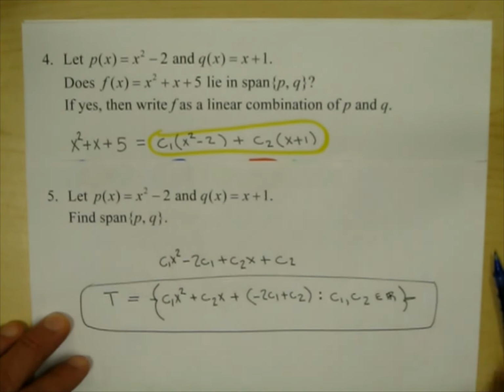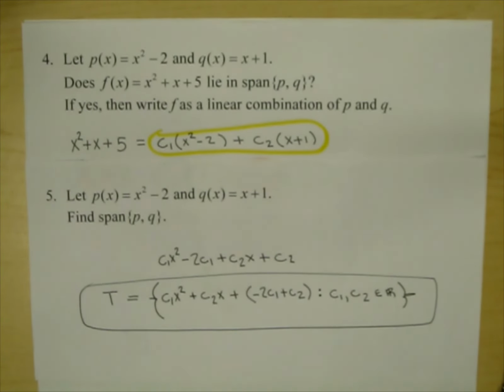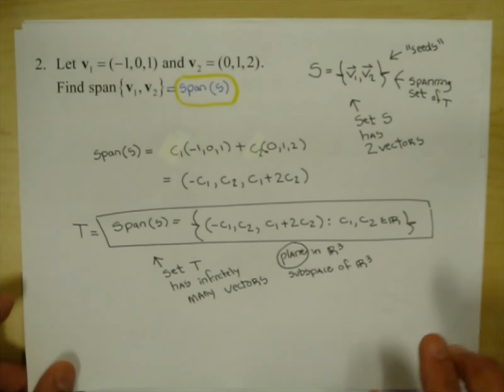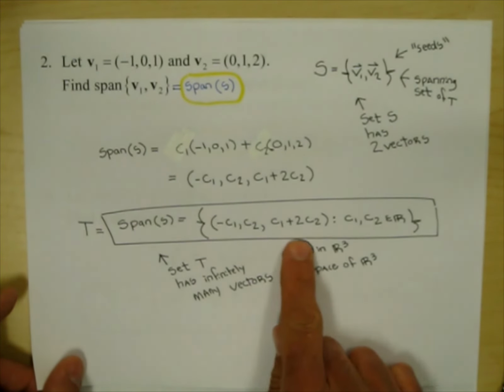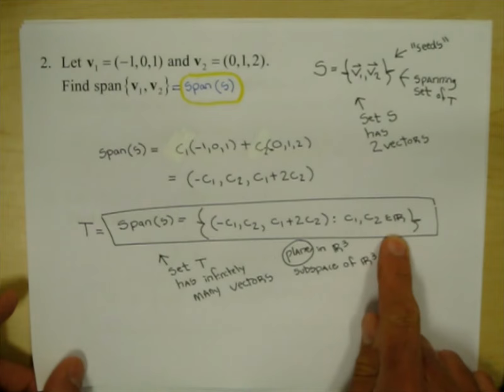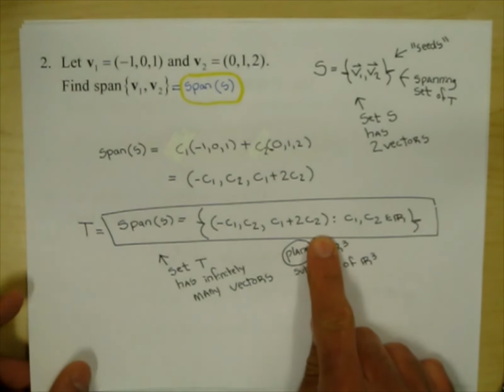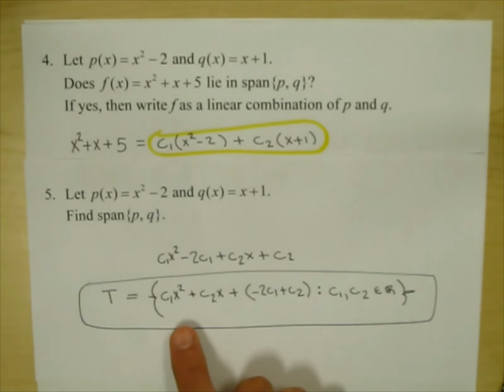And so we have just found the span, and that's kind of like what number 2 looks like. In number 2 we wrote the span in set notation, except those were elements in R3, and these are elements in P2, which is polynomials of degree 2 or less. So there's a polynomial right there.